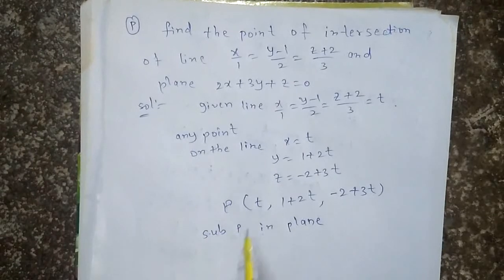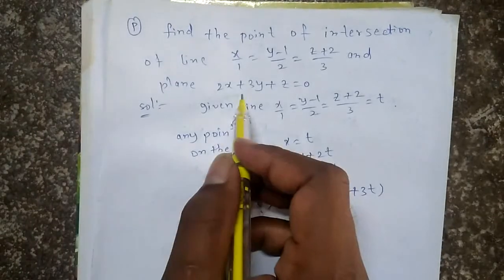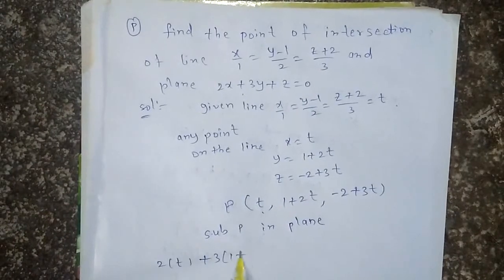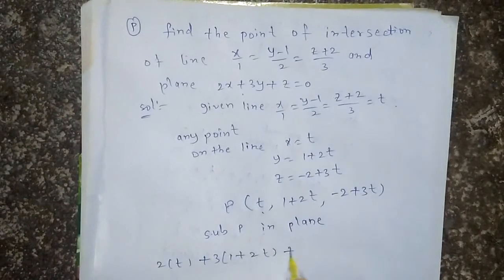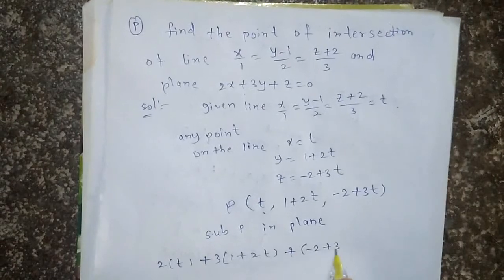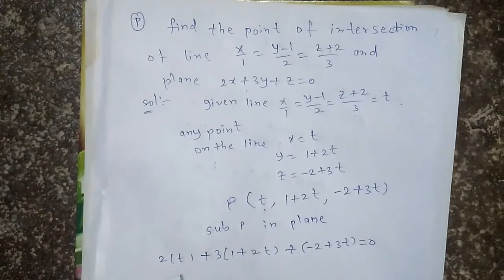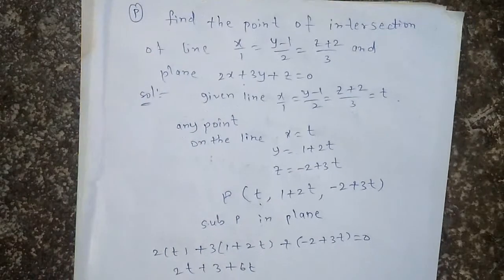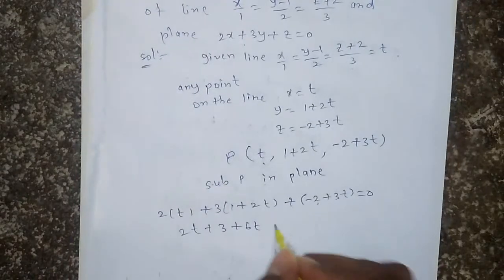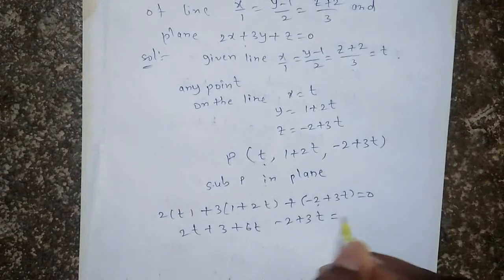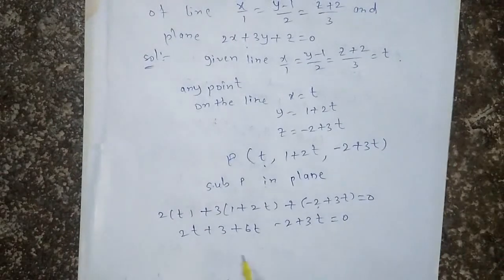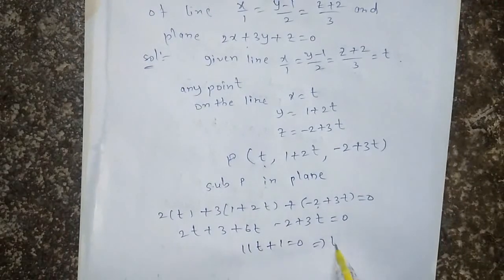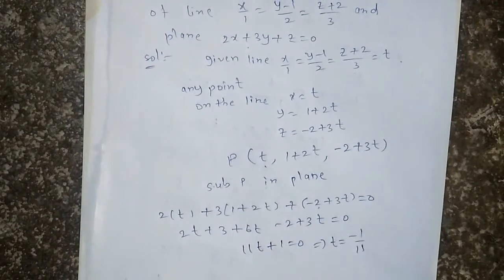Okay, so substitute this in the plane equation, that is 2 into t plus 3 into 1 plus 2t plus minus 2 plus 3t is equal to 0. This is 2t plus 3 plus 6t plus, this is minus 2 plus 3t is equal to 0. 2 plus 6 is 8, 8 plus 3 is 11, 3 minus 2 is 1, which implies t is equal to minus 1 by 11.